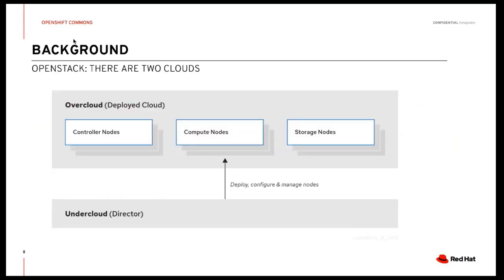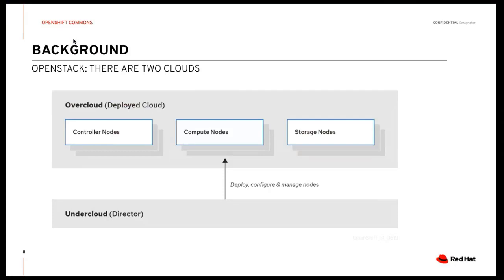So I know that this is an OpenShift Commons briefing. For those of you that don't know, OpenStack is our on-prem private cloud offering. I'll talk a bit more about it later, but just some important things to know for the context of this talk is that OpenStack has two clouds. There's one cloud, the undercloud or the director node. That's a fully fledged OpenStack deployment on a single node that is used to configure and deploy the overcloud, which is the cloud where customers run their workloads.